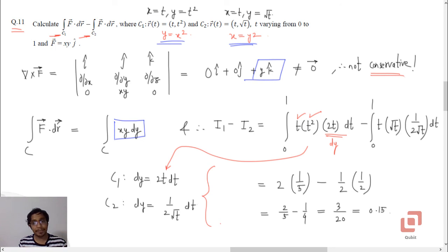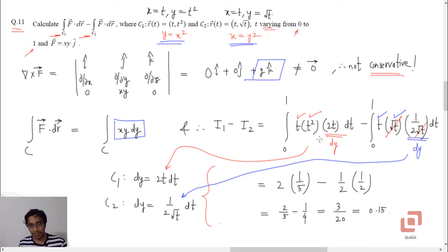For C2, x is t, y is root t, and this is now playing the role of dy, 1 upon 2 root t dt. Root t will get cancelled, so the second integrand is t by 2. Limits are already given in the problem, 0 and 1.